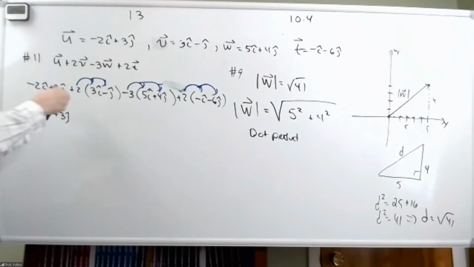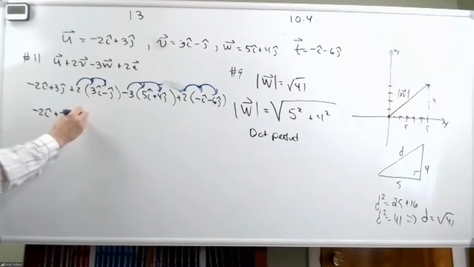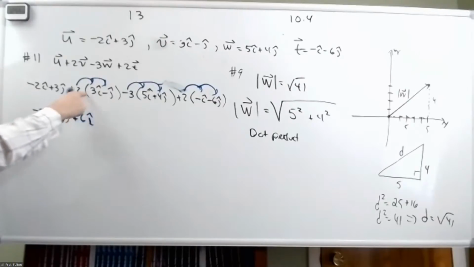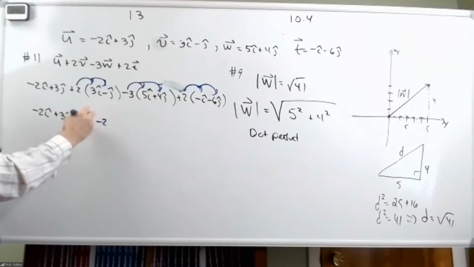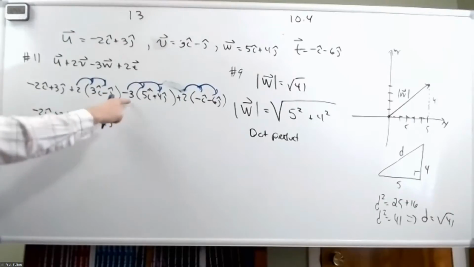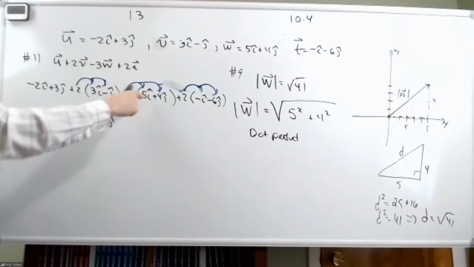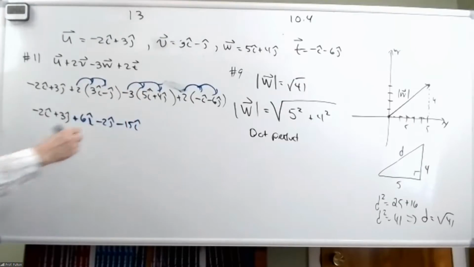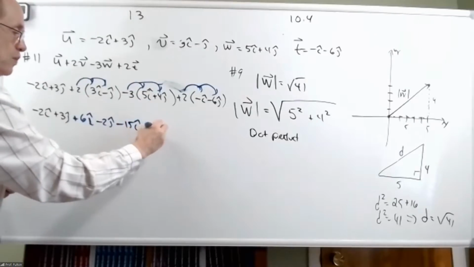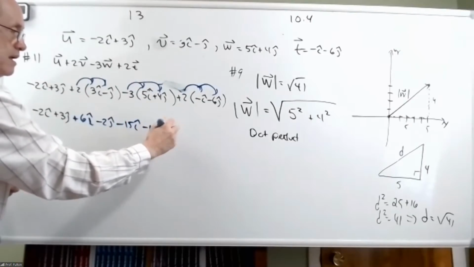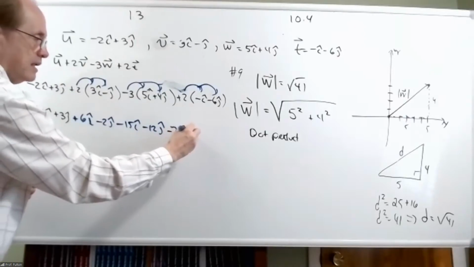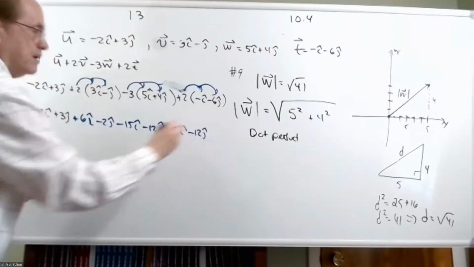This then gives me 2 times 3 is 6 in the i. 2 times minus 1 is minus 2 in the j. I'm going to distribute the negative 3. Negative 3 times 5 gives me negative 15 in the i. Negative 12 in the j. 2 times negative 1 is negative 2 in the i, and negative 12 in the j.